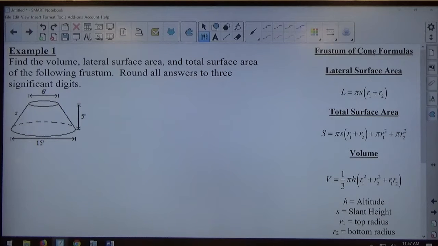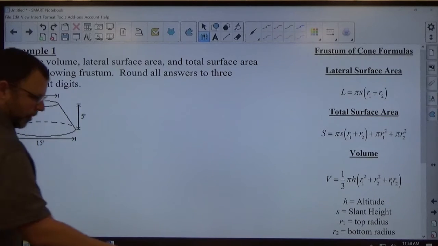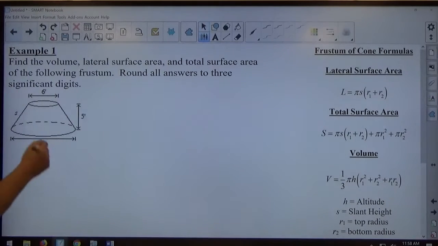So, when they tell me to find the volume, lateral surface area, and total surface area of the following frustum, the first thing I'm going to do is identify the value of those four numbers. So first off, if the diameter of this is 6 feet across, that means the radius is 3 feet. If the diameter of this is 15 feet across, the radius is 7.5 feet.